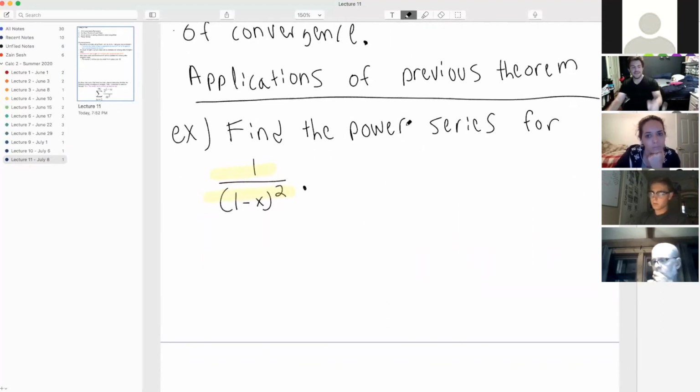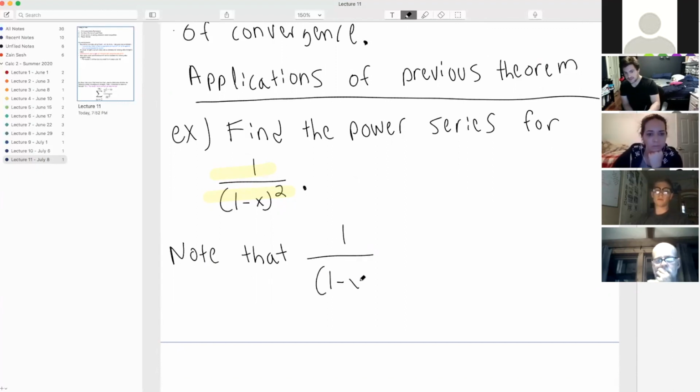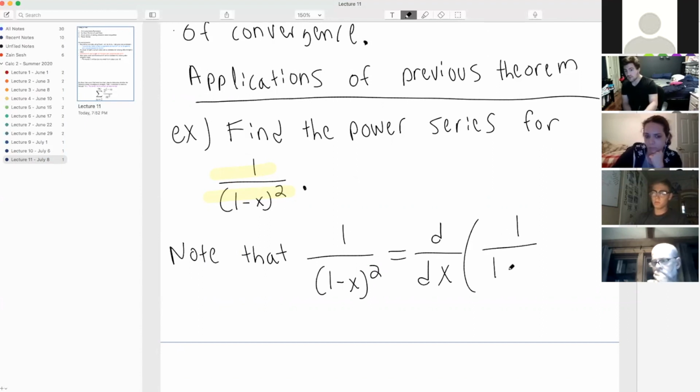So the key piece to notice is that 1 over 1 minus x squared is actually the derivative of an expression we have used before today. So note that 1 over 1 minus x squared is actually d over dx, that's how we denote the derivative of a function, of 1 over 1 minus x, okay?